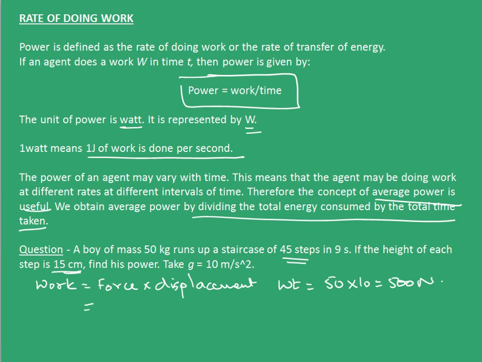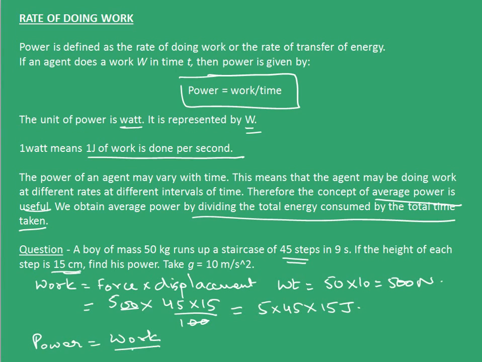Therefore total displacement is, I'll directly write, work is 500 into displacement, 45 into 15 divided by 100 for converting it into meters, which is 5 into 45 into 15 joules. Now having found out the work, we can easily calculate the power, which is work done upon time.